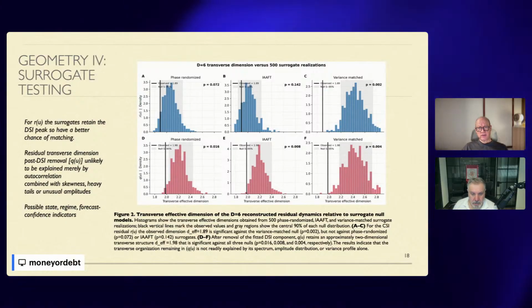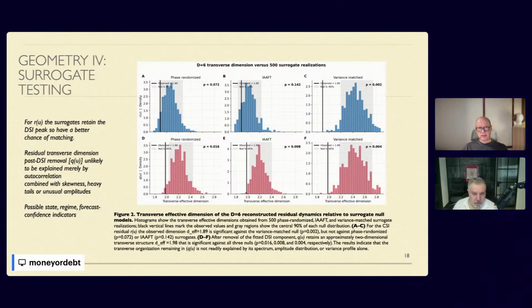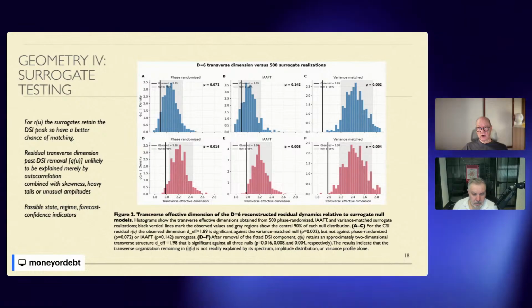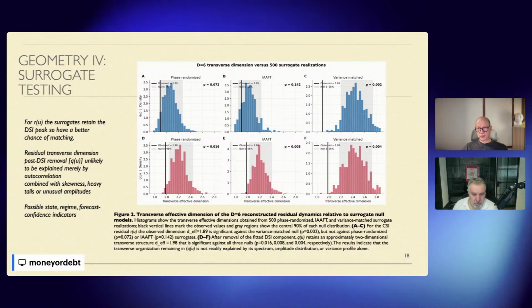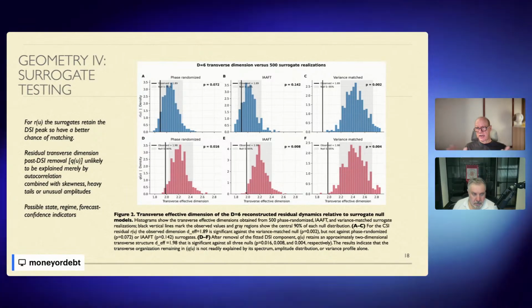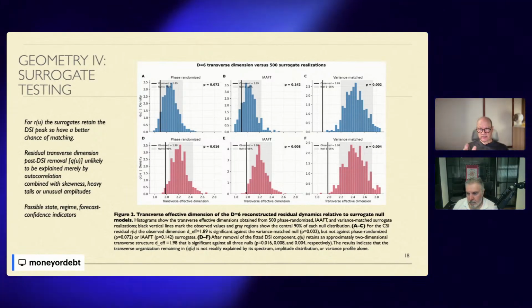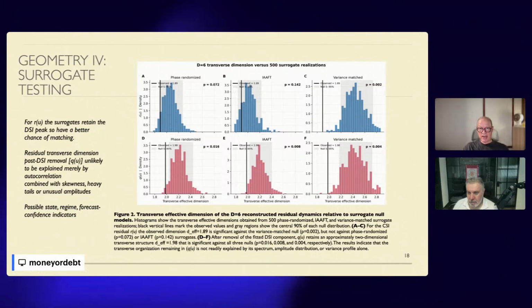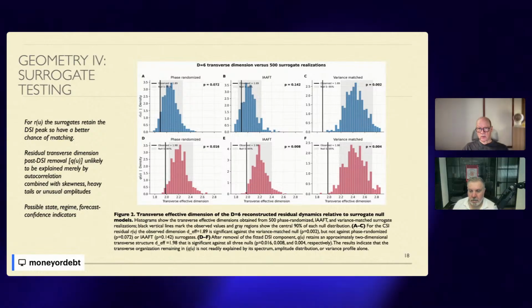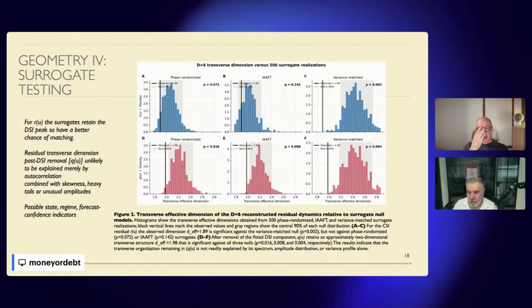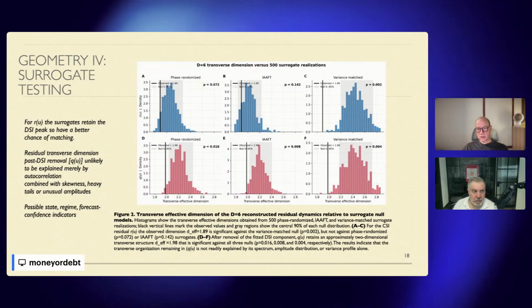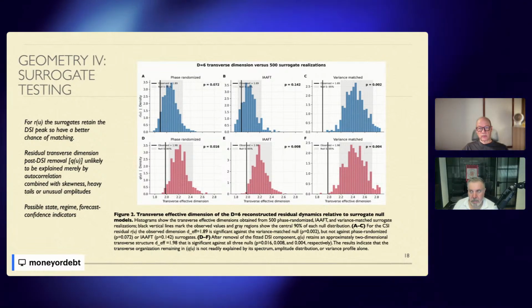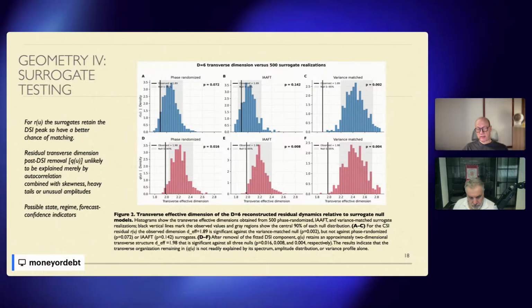There, the probability of matching the observed in all cases is very low, less than 2%. It's 0.016, 0.008, 0.004. The observed is just the black bar at the left, which is close to 2. And you see that there's almost no overlap with the histogram of all the random trials.